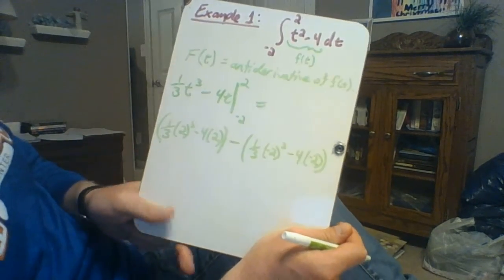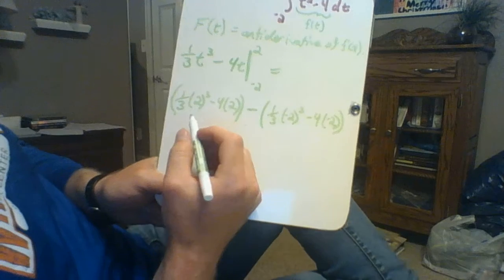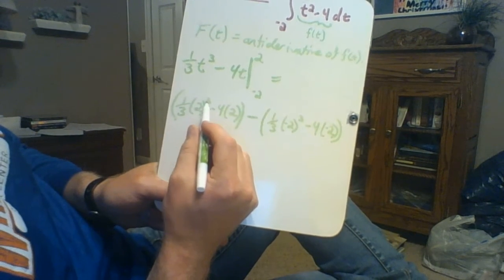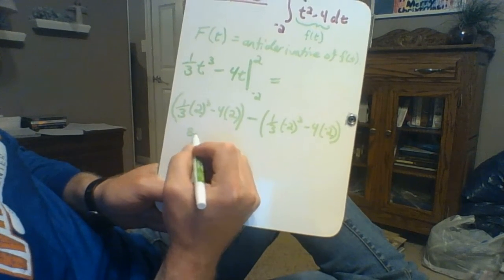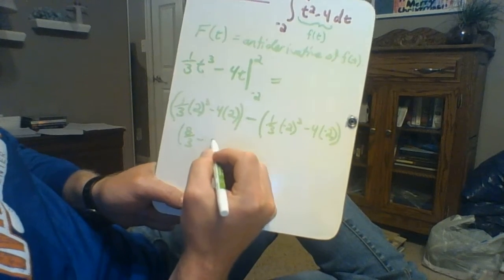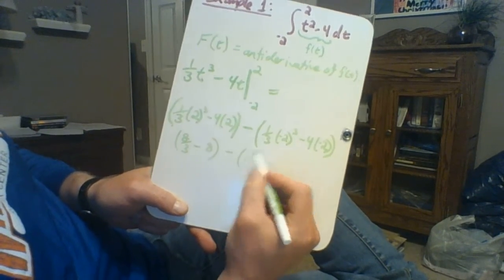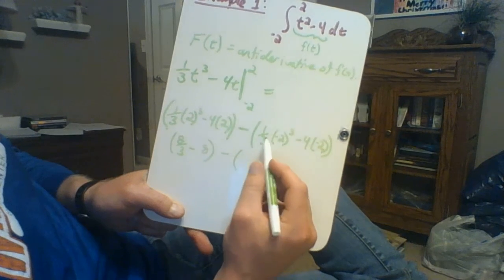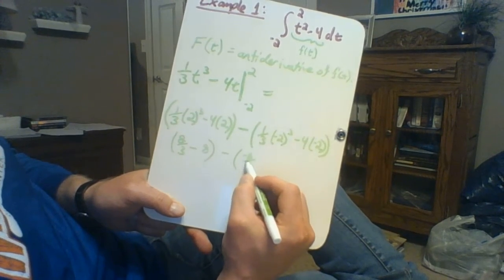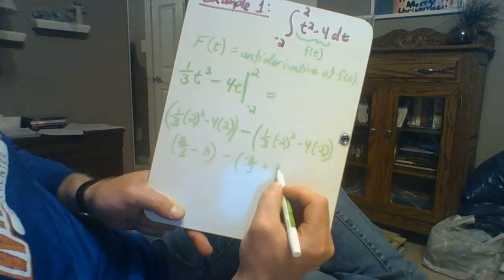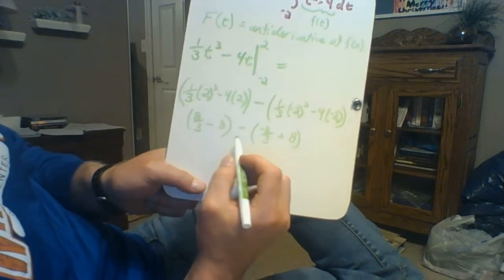Just like that. Okay, now we just got to make sure we do order of operations correctly. So 2 cubed is 8 times 1/3 is 8/3 minus 8. And then here we have -2 cubed is -8 times 1/3 is -8/3 plus 8 there.